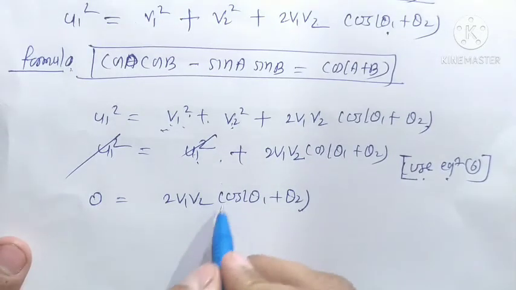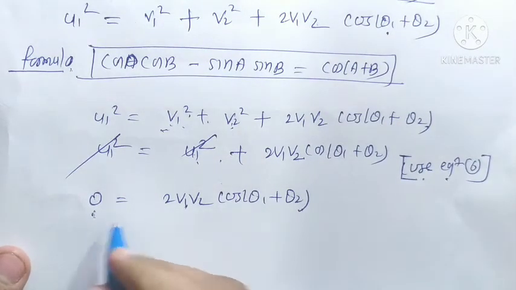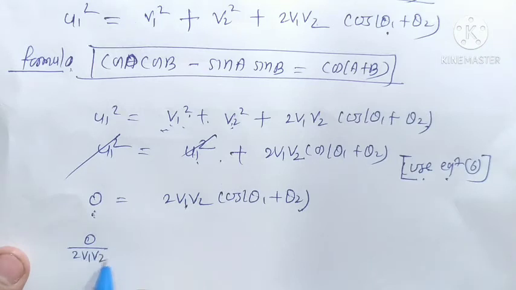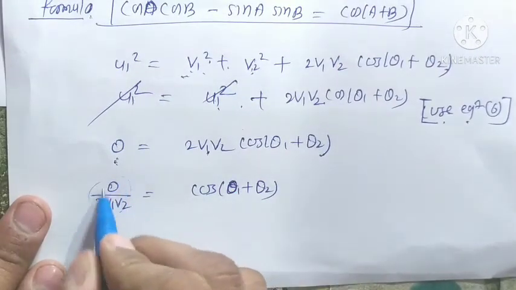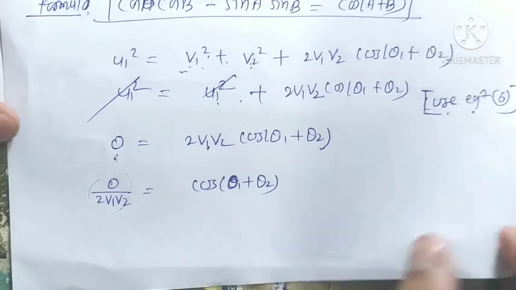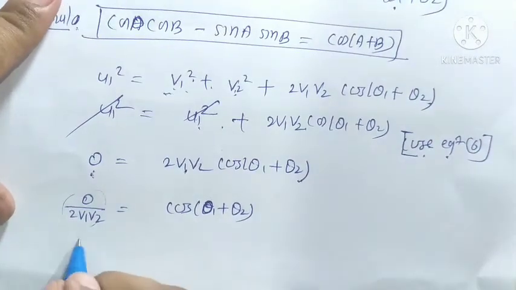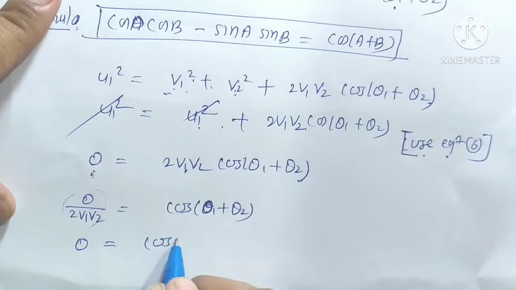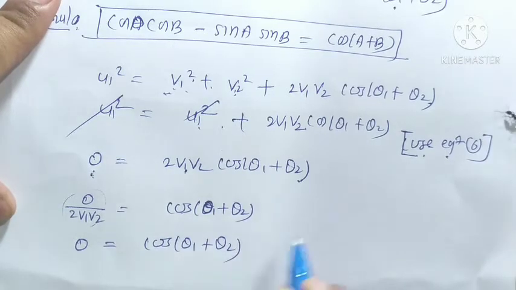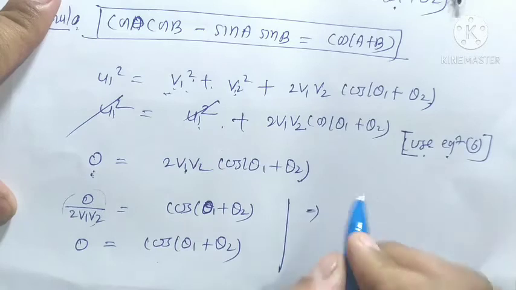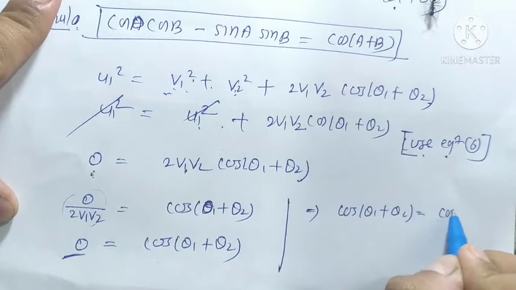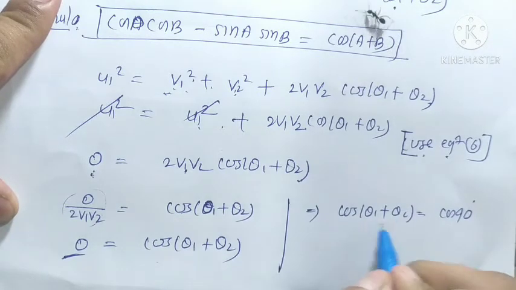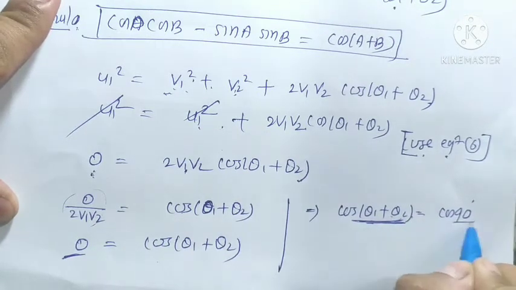This term goes to the denominator of the left hand side, so finally 0 = cos(theta 1 + theta 2). What is the angle whose cosine is 0? cos 90 = 0. So finally we get theta 1 + theta 2 = 90 degrees.